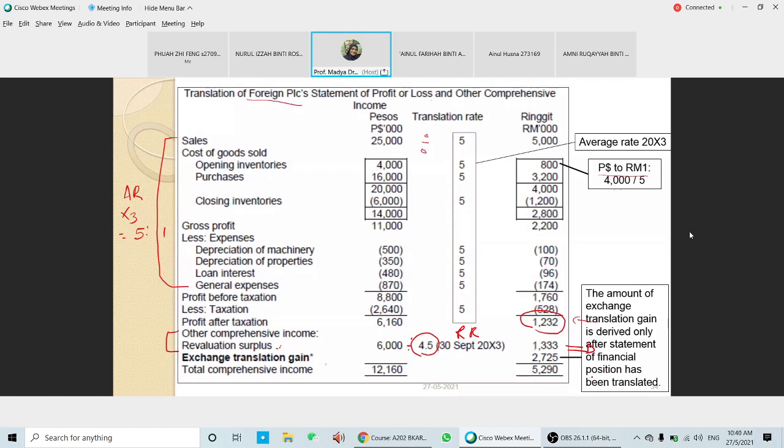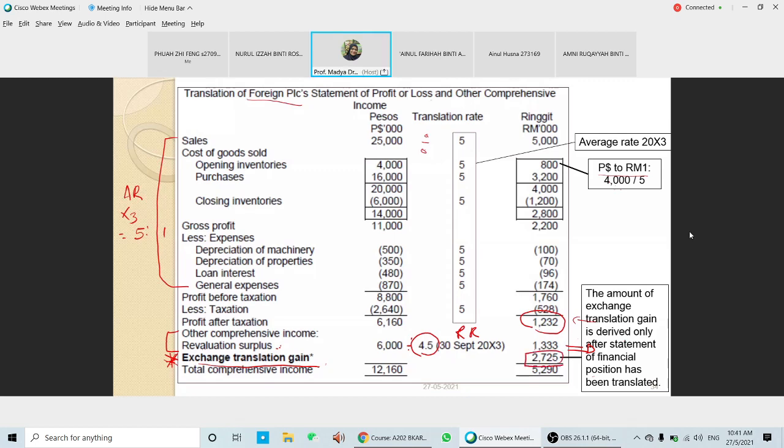So you can translate your income statement up to this point only. For the exchange translation gain here, you need to translate the statement of financial position, because this information will come from that translation. So we can stop up to this one only, then we need to find this figure. So how to find this figure?